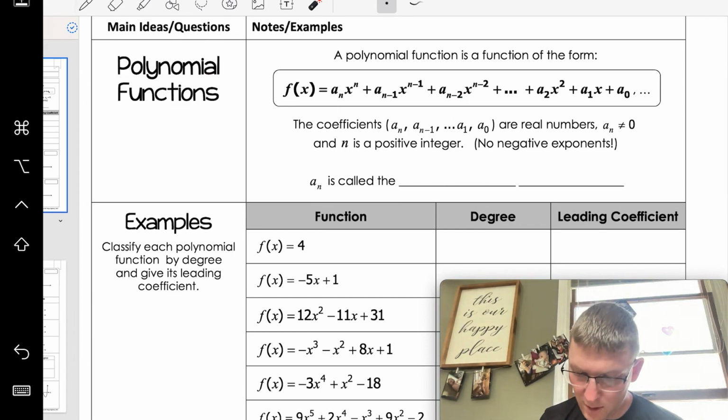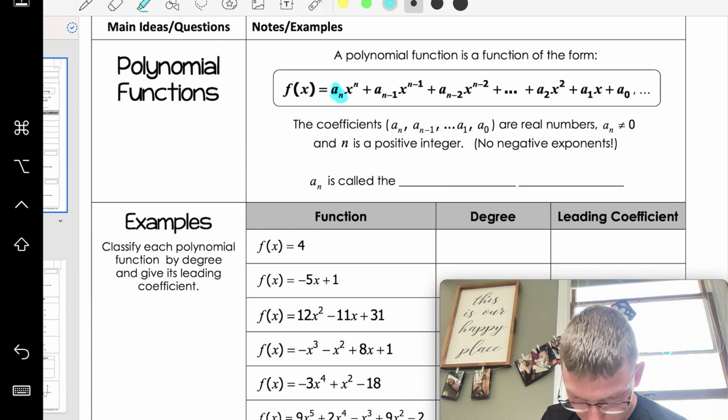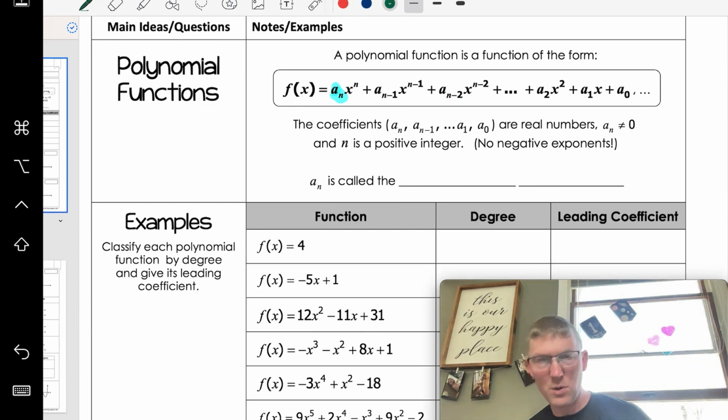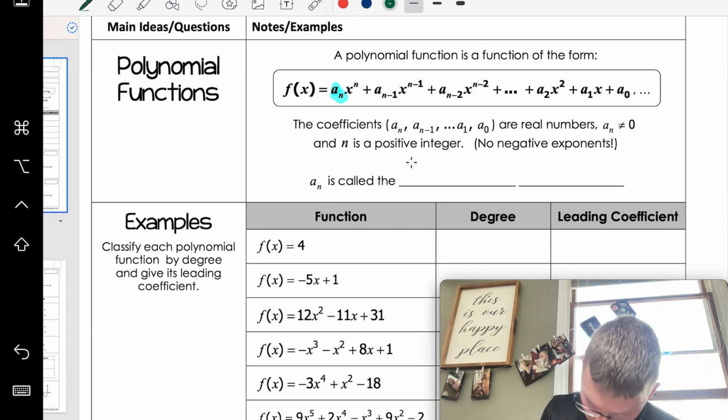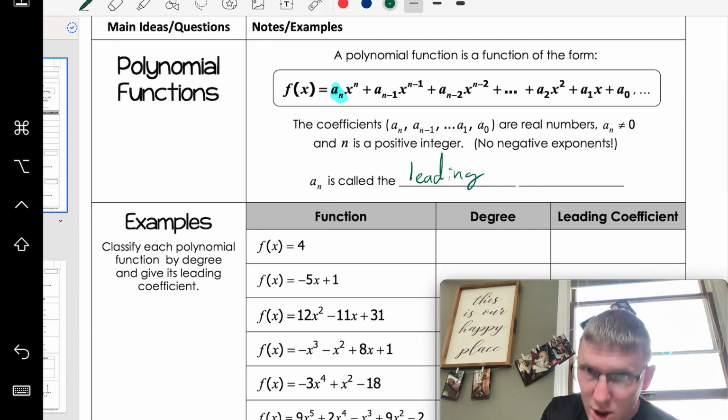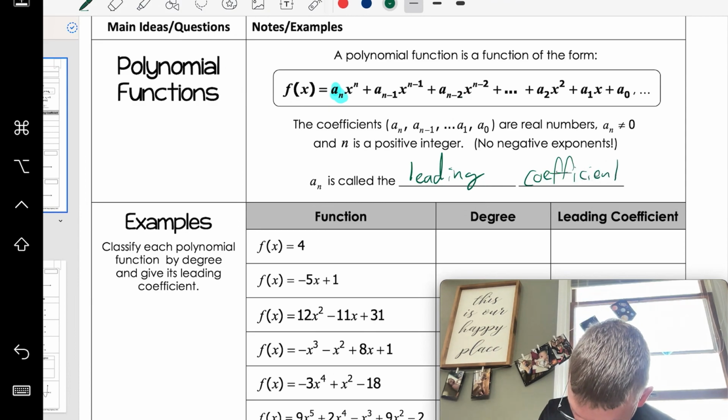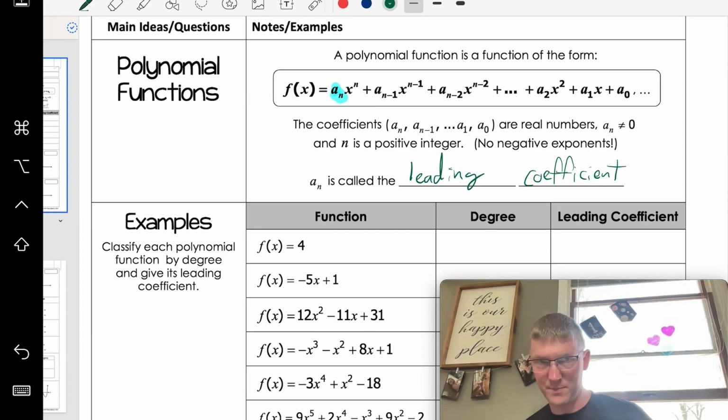If we look at a_n, that is this guy right there. This is what we call a leading coefficient. It can help tell us a little more about the general shape and what we're looking for.